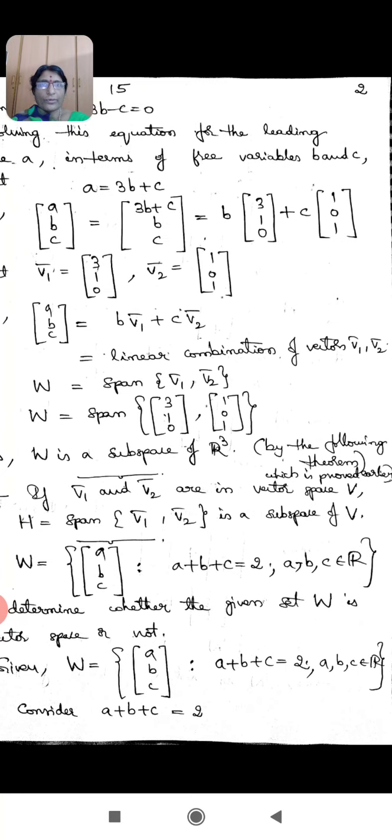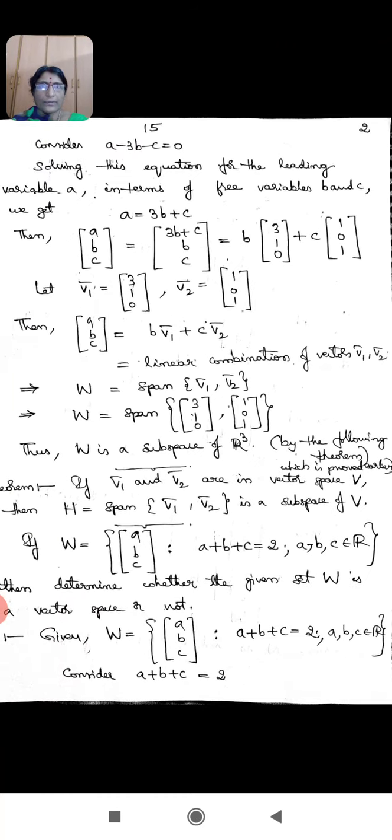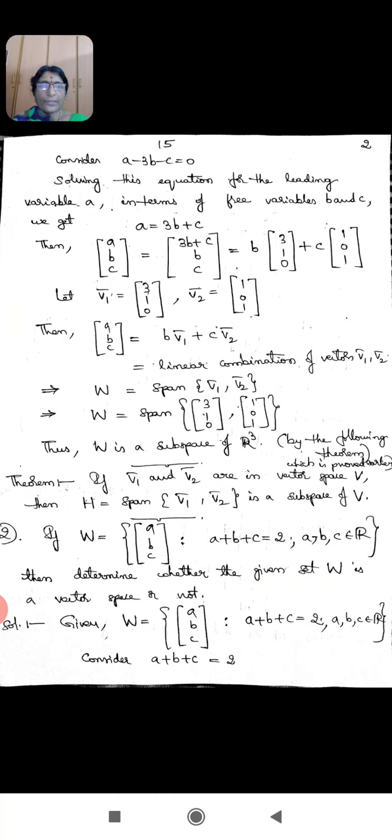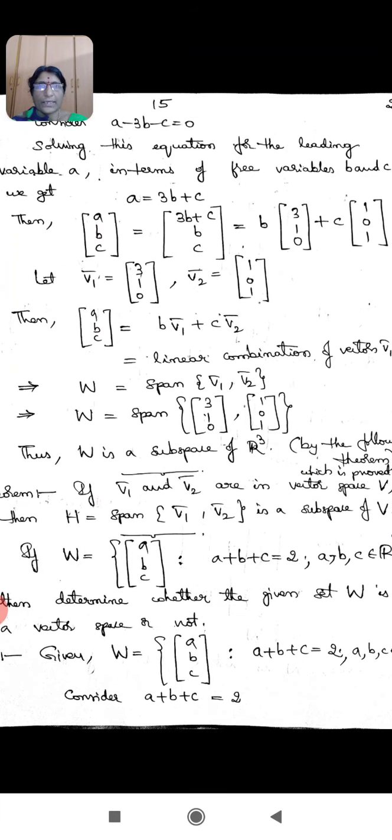Now I want to take these two column vectors as v1 bar and v2 bar. So let v1 bar be equal to (3, 1, 0) and v2 bar be equal to (1, 0, 1).